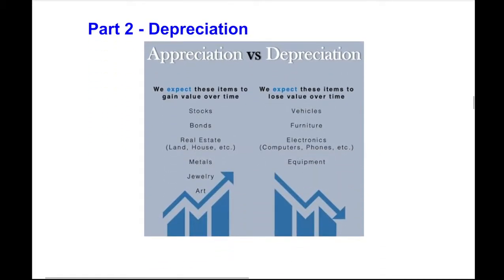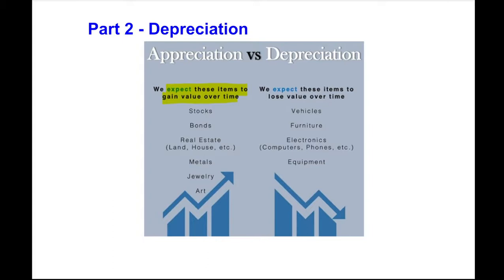So moving on to our actual lesson, again, I mentioned at the beginning that depreciation is the opposite of appreciation. So it's the opposite of what we've looked at in the past. Appreciation, we said, was when we expect these values or these items, we called them assets, to gain value over time, right?